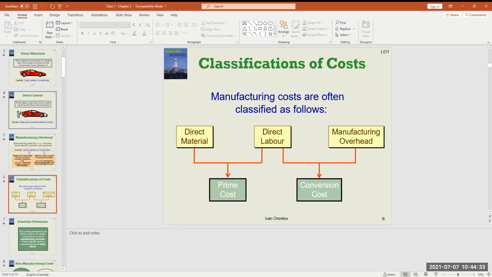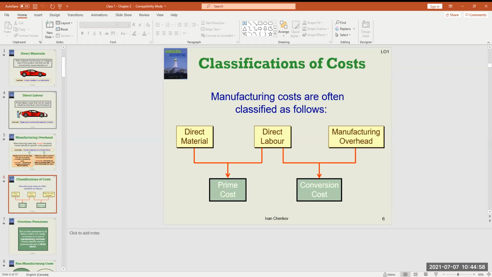Because those are the two costs that come first into the product. Then, since direct labor and manufacturing overhead come after the direct material, but we're using those two to convert something into a product, we're going to call direct labor and manufacturing overhead the conversion cost.